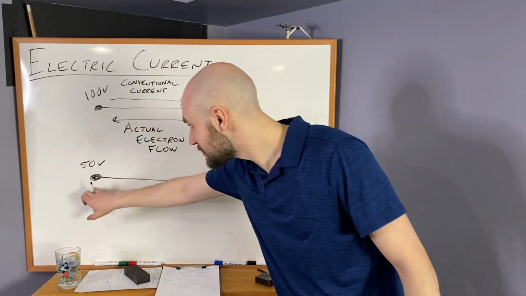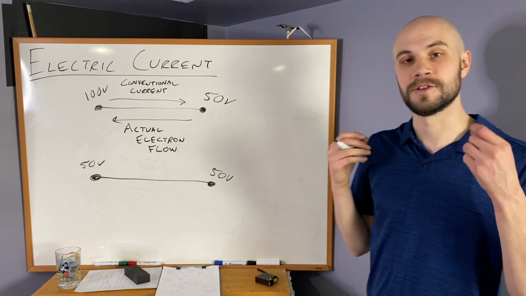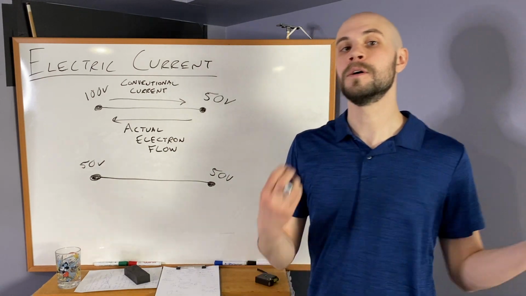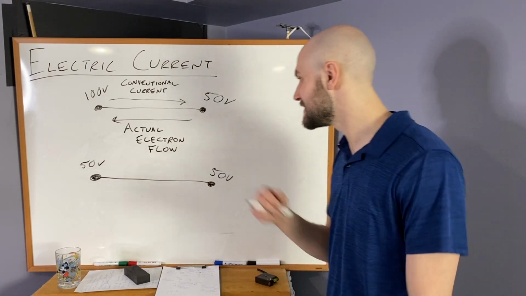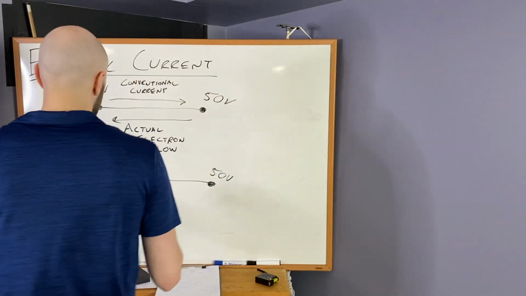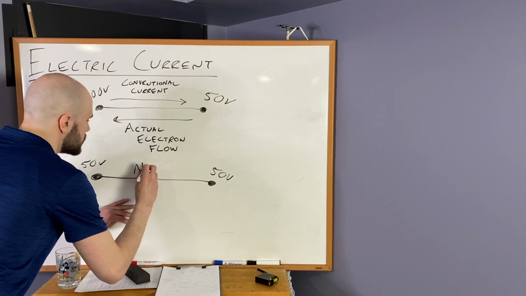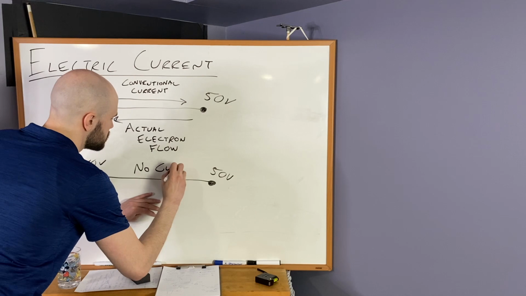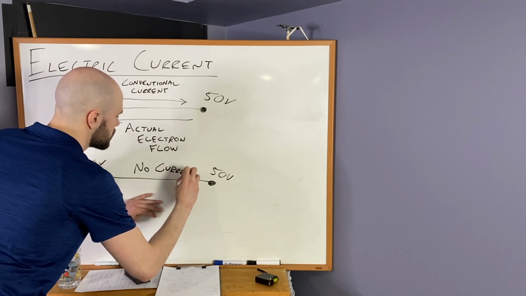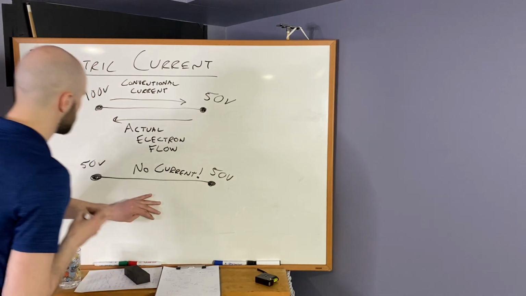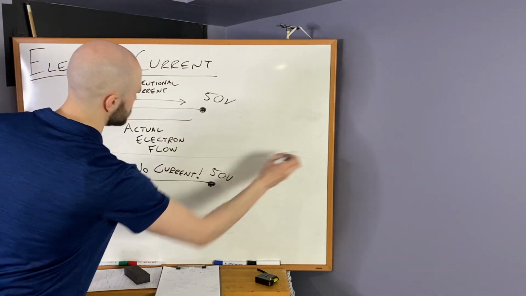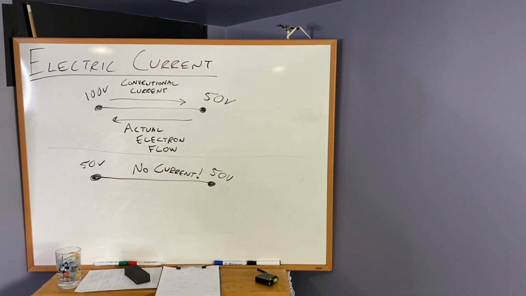There's no potential difference between these two locations. There's no reason for current to flow from one spot to another spot in this situation. Here is no current. Just going to separate these two here. No current will flow here.